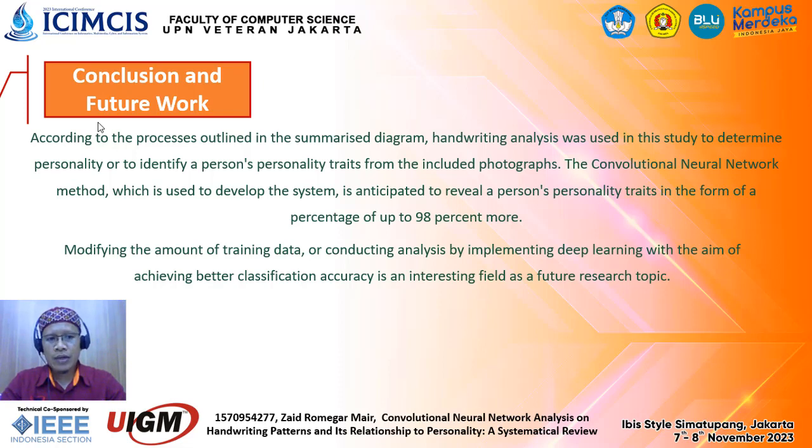For future work, modifying the amount of training data or conducting analysis by implementing deep learning, with the aim of achieving better classification accuracy, is an interesting field as a future research topic.